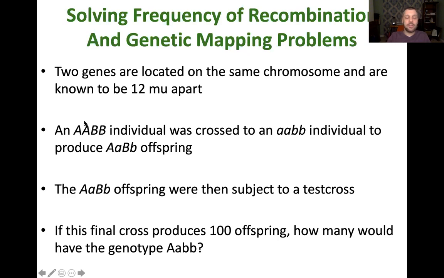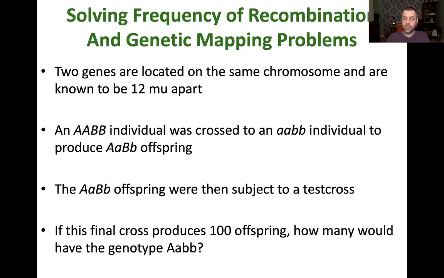A homozygous dominant individual was crossed to a homozygous recessive individual to produce dihybrid offspring, which you then do a test cross with. And then if this final cross produces 100 offspring, how many would have the genotype big A, little a, two little b's? Bearing in mind that these genes are 12 map units apart.